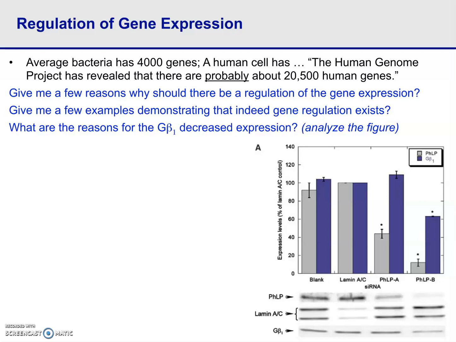Now, the fact that we don't know how many genes we even have says how well we currently understand our own genomics. Despite that, we've made quite a bit of advancement in our understanding of gene regulation. And every day we move forward in our understanding.